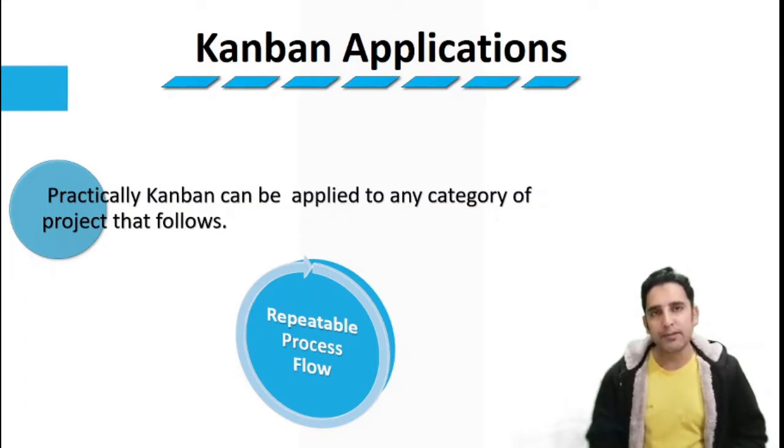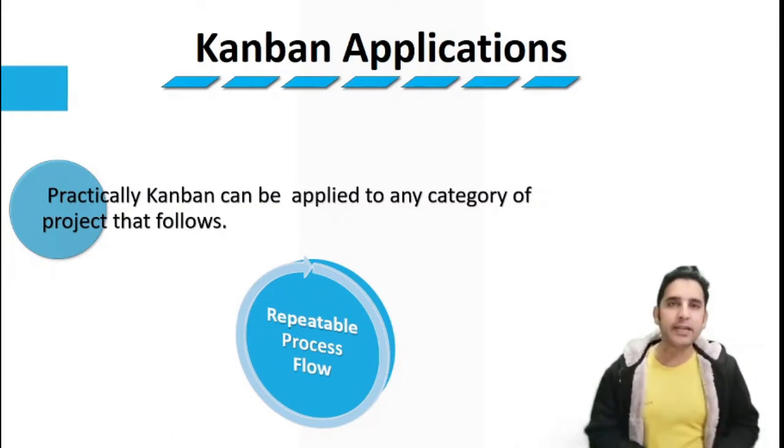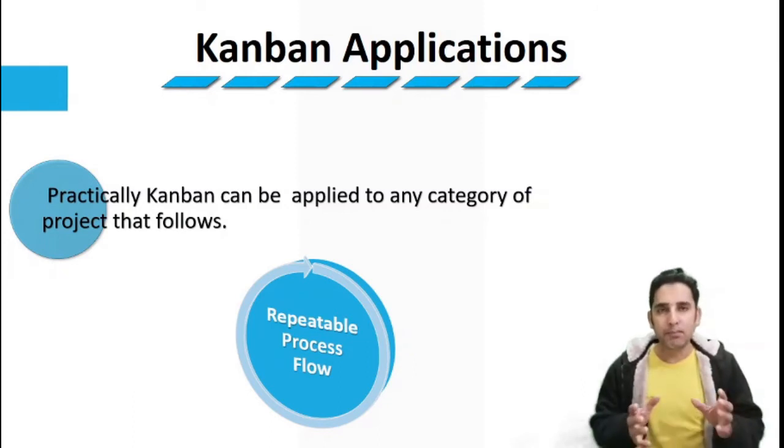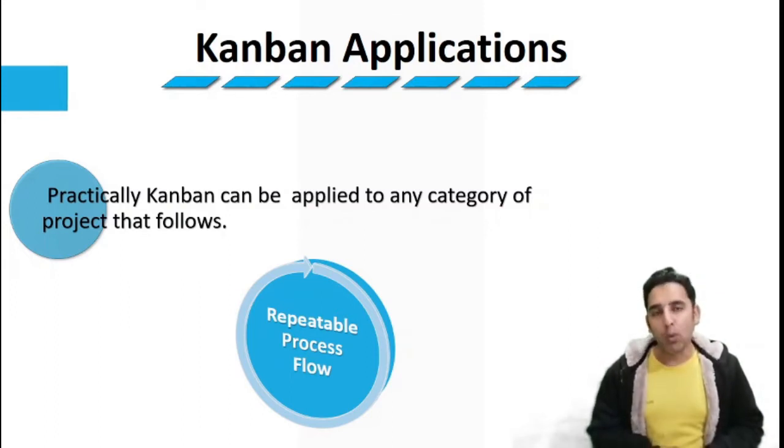A repeatable process is a prescribed set of actions, which means that each time you repeat the process, it creates the same output, which means you have created a process that is again and again creating the same output. For such processes, Kanban is more relevant and more applicable.